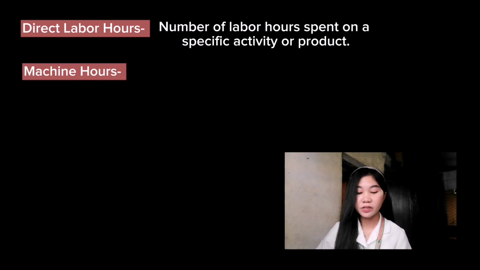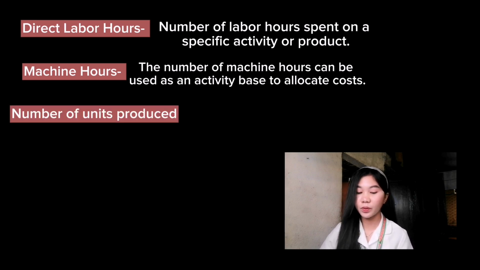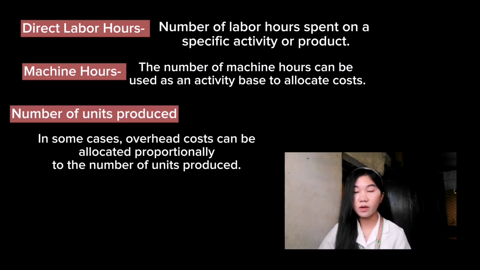And for machine hours, if a process is heavily reliant on machinery, the number of machine hours can be used as an activity base to allocate cost. For the number of units produced, in some cases, overhead cost can be allocated proportionally to the number of units produced.